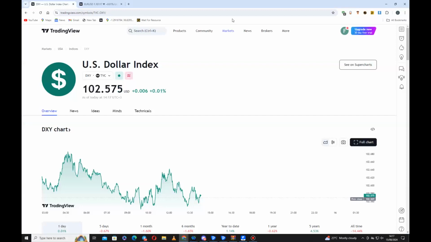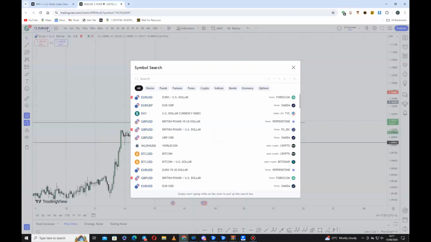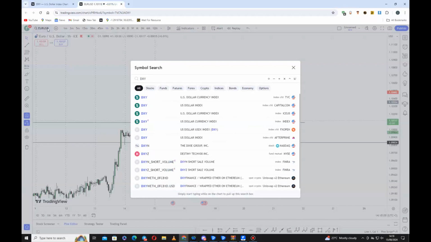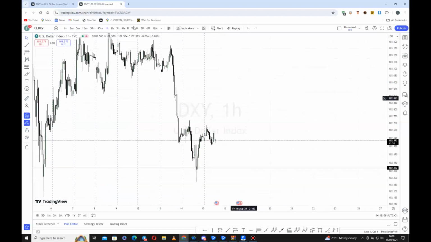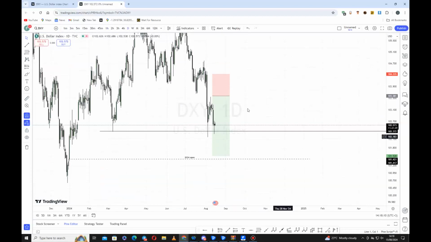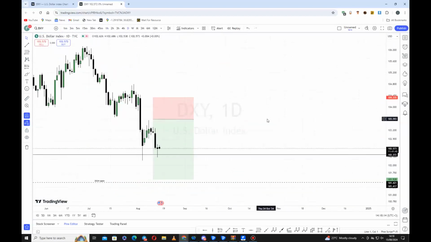DXY. As I had said, I was looking for a little bit of strength on it for the best part, because on the long term, yes, we are selling, but I was looking at the day trading bias, and I was waiting to see what CPI was going to do.